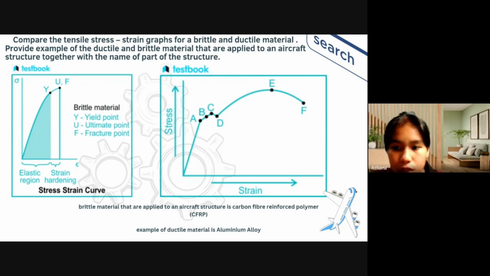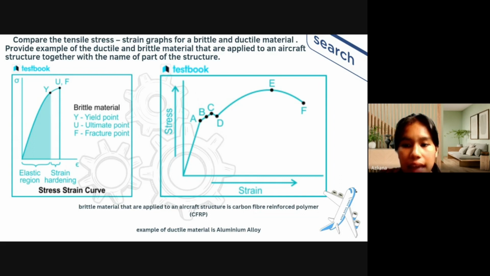In the graph, you can see a steady rise in stress until it reaches a maximum value, which is the point Y. After which there is a sudden drop indicating fracture. So brittle substances lack significant plastic deformation, and their failure is abrupt.